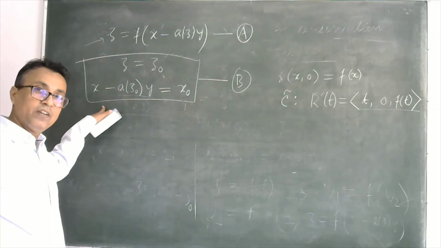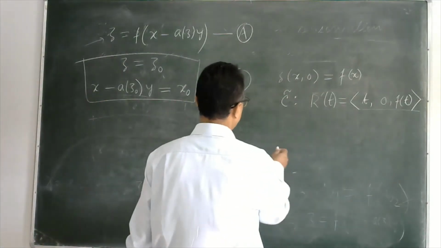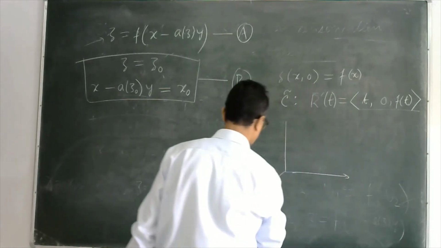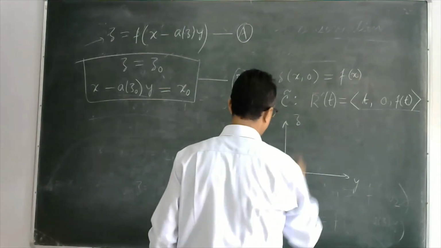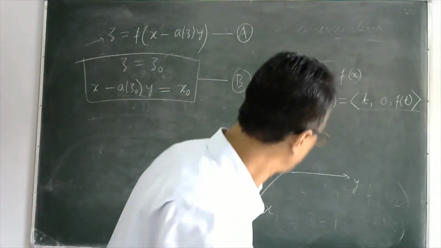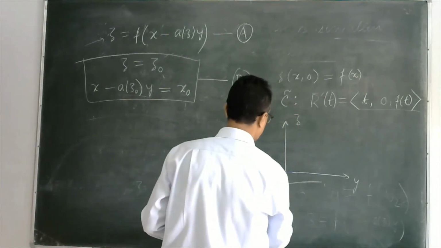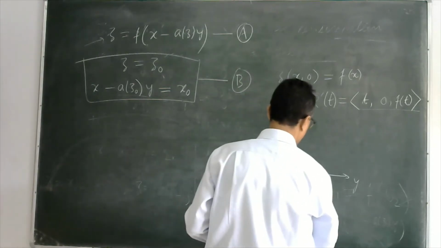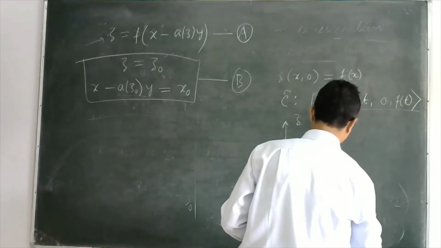Is it okay? So basically a straight line, something like, suppose this is the xy plane, and suppose this is the straight line. This is x naught. Say suppose this is the straight line x minus a z naught y equal to x naught.